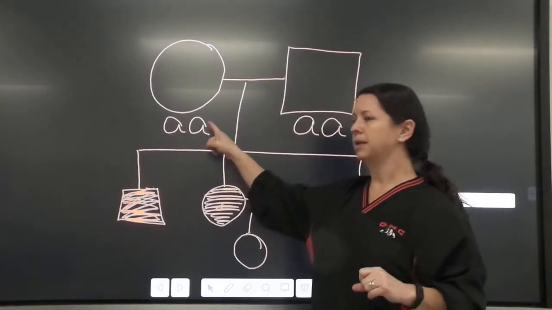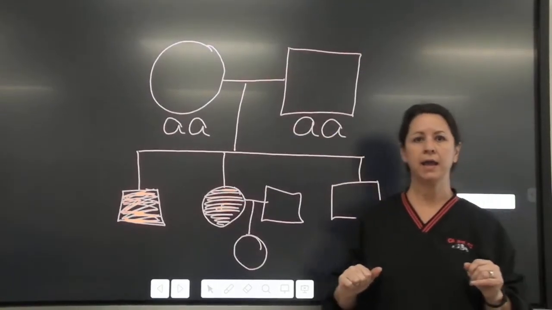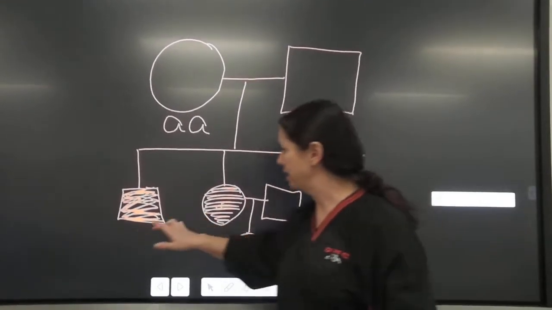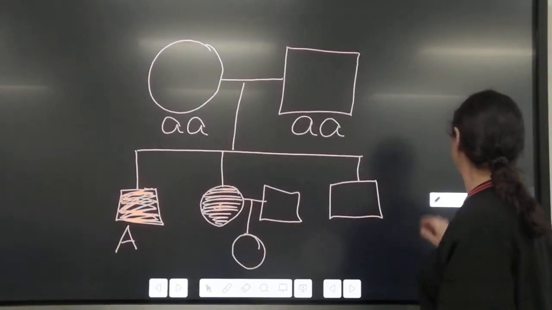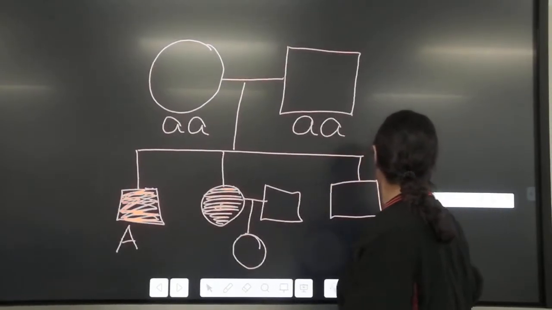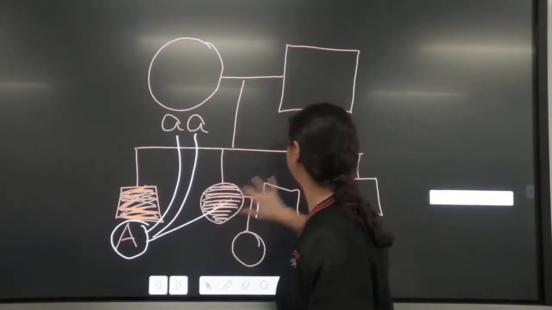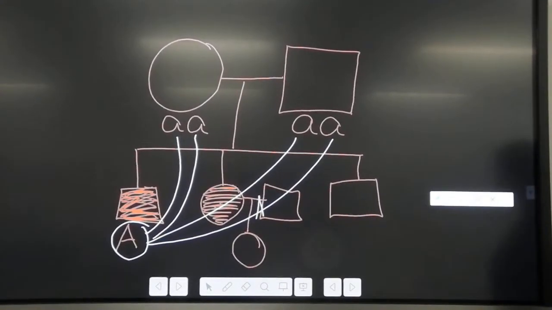If mom has little a, and dad has little a, is there any way for the baby to get a big A? There's not, is there? Where could it have come from? Can't come from anywhere, can it?